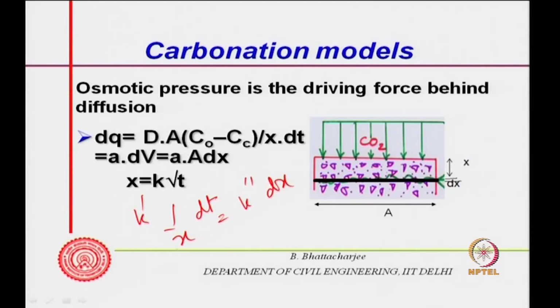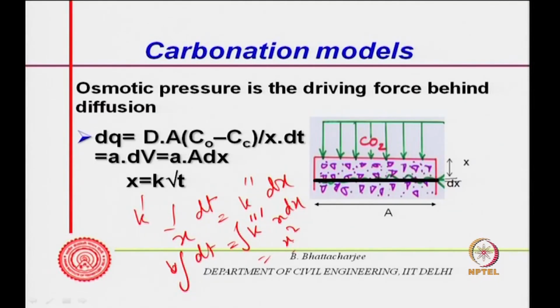If I integrate dt, and on this side some constant, let us say k triple prime, x dx, integrate it, I will get x square by 2.